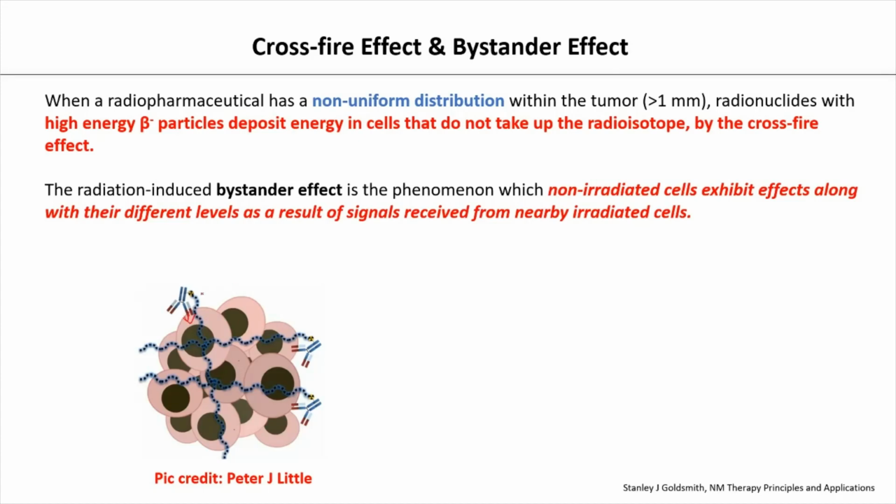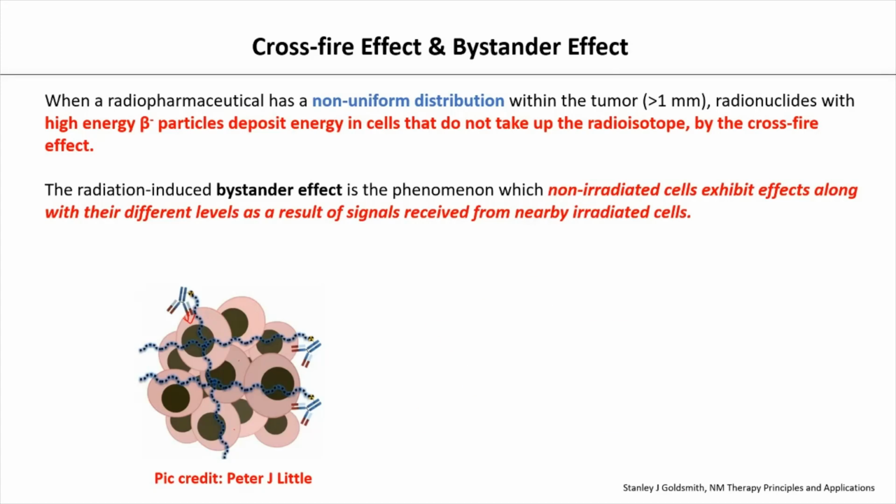But because this particular radionuclide has high energy beta particles, which deposit energy in multiple cells, those cells which do not have binding sites for the radionuclide are also getting irradiated. So this particular radiopharmaceutical is cross-firing to multiple cells, leading to their irradiation and also to cell death.